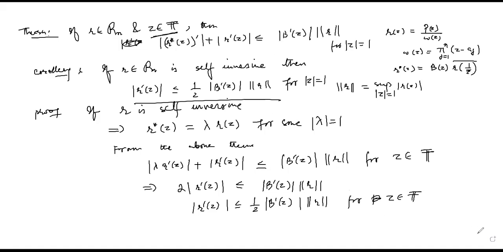Now we move to another theorem. The theorem is this: suppose, same notation as ours, R belongs to our script R_n, a rational function with prescribed poles, and by our choice, n poles lying outside the unit disk.